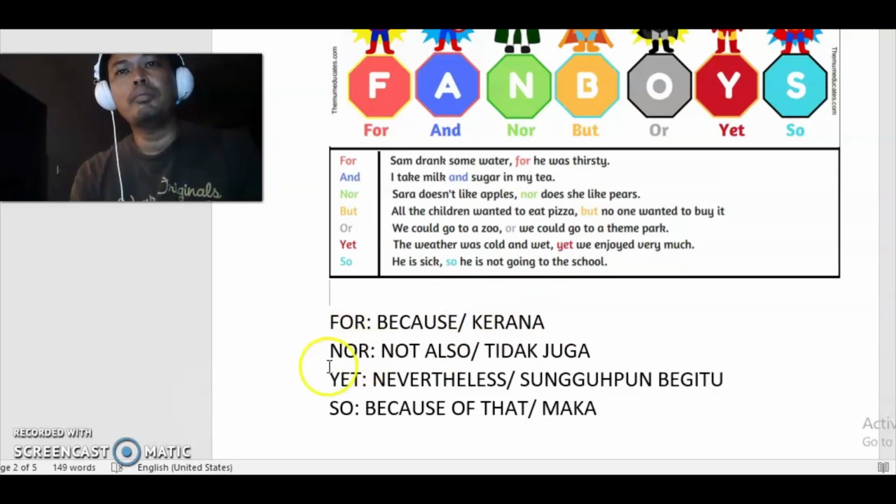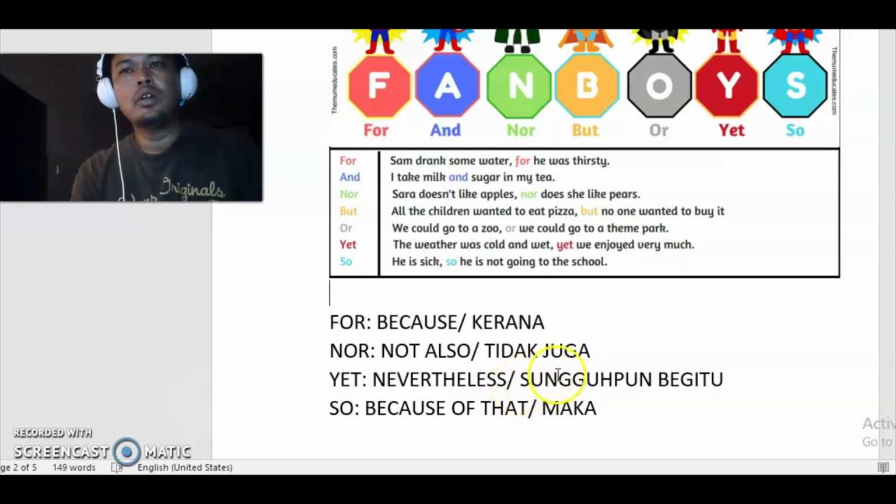And some of you might not be really familiar with nor. Nor in this occasion means not also, or in Bahasa it's called tidak juga. Yet is not the same as not yet. Yet here means nevertheless.